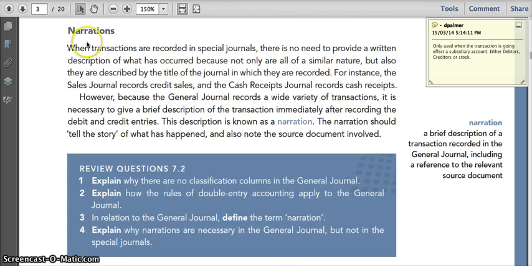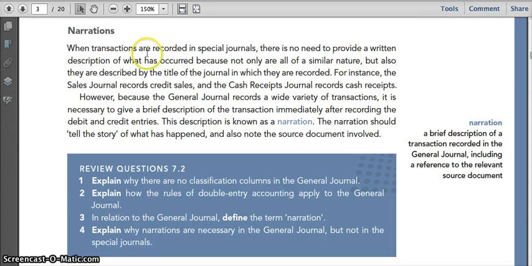Now the last little thing that we need to have a look at, and it'll become clearer when we talk about the example that I'm just about to go through. Next thing we're moving on to is narration. Because the general journal records a wide variety of transactions, it's really necessary to give a brief description of the transaction immediately after we've recorded the debits and credits.